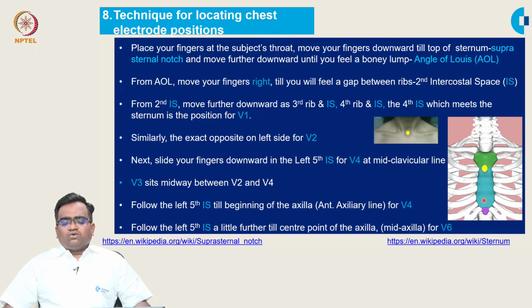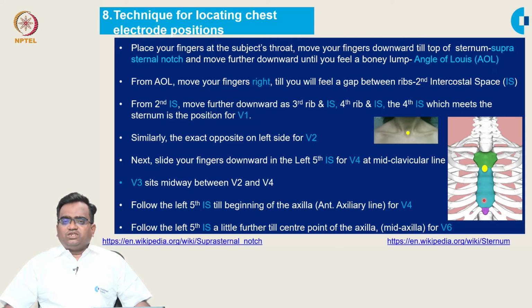Once it is located, on the right side nearer to the sternum, the V1 electrode has to be placed. Exactly opposite, V2 has to be placed. V4 has to be placed in the fifth intercostal space.